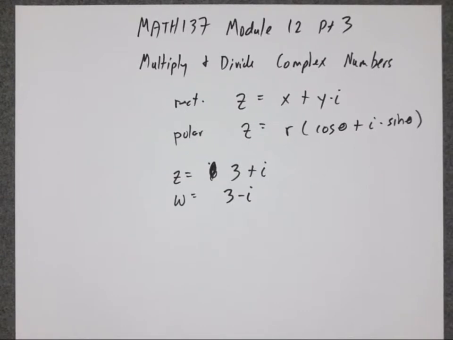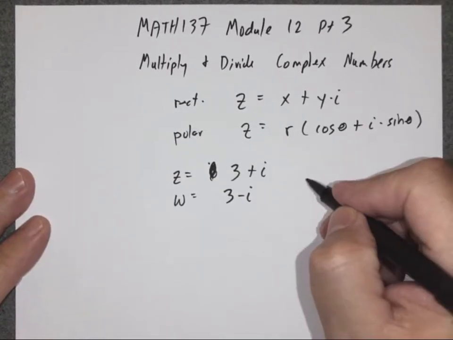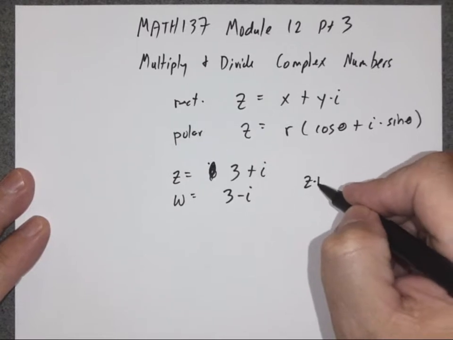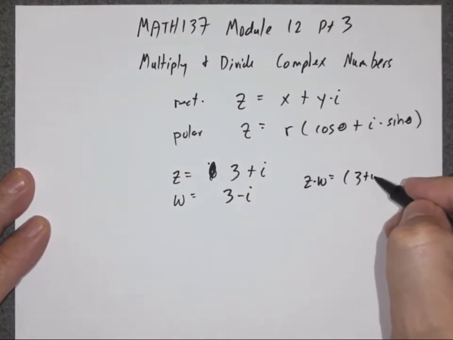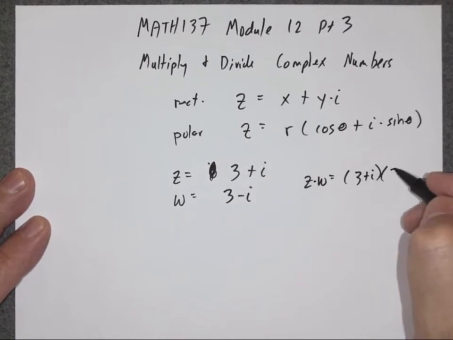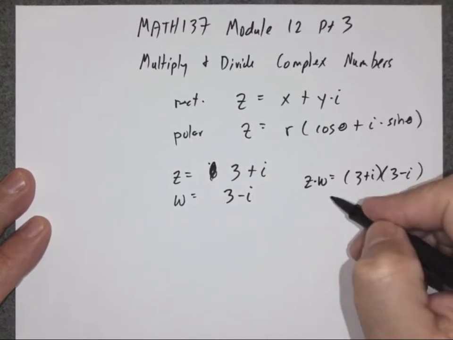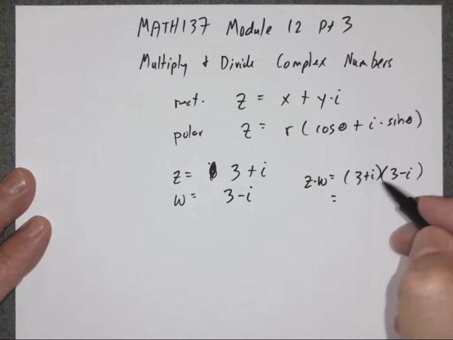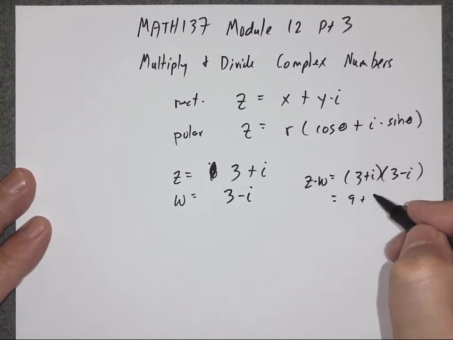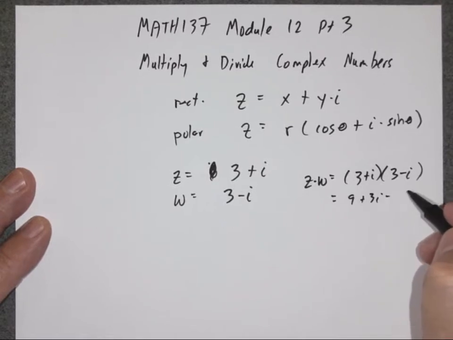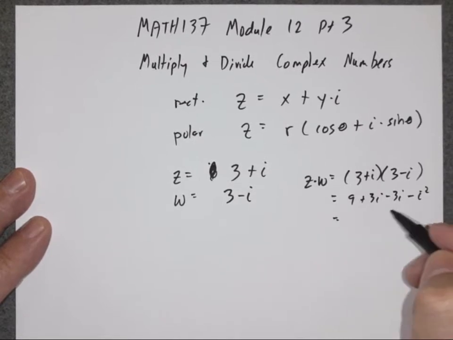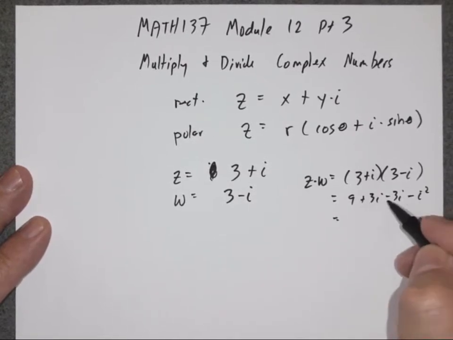Now this is a pretty simple case, so you can see that if we were going to multiply these, we could just do old-fashioned multiplication. 3 times 3 is 9, plus 3i, minus 3i, minus i squared. 3i minus 3i cancels out.